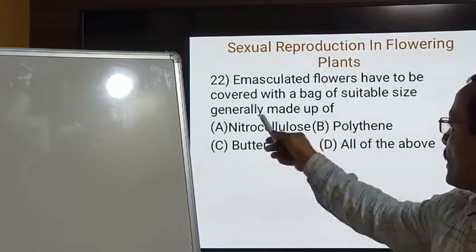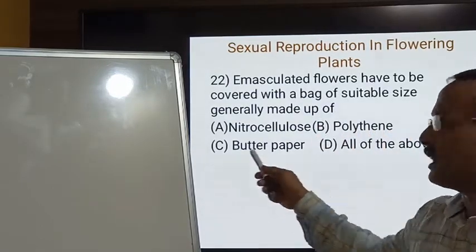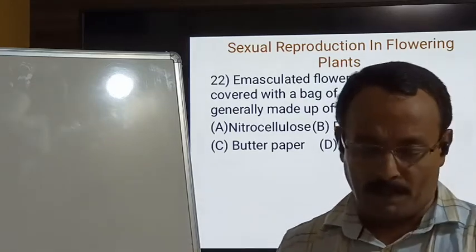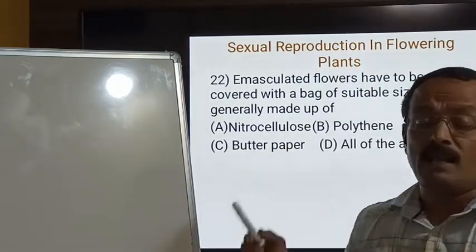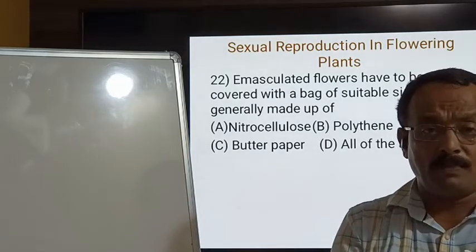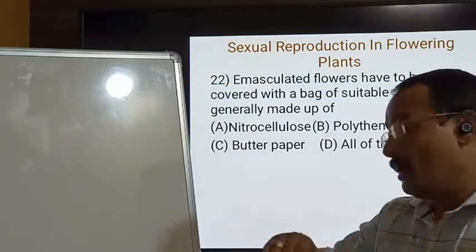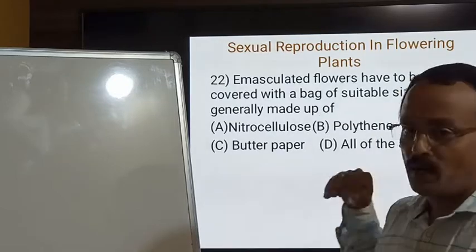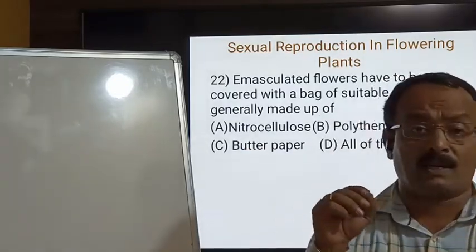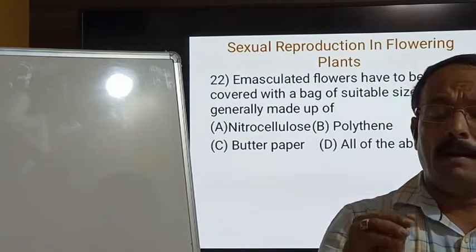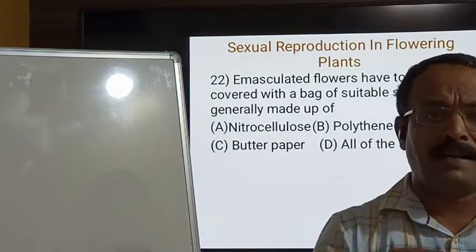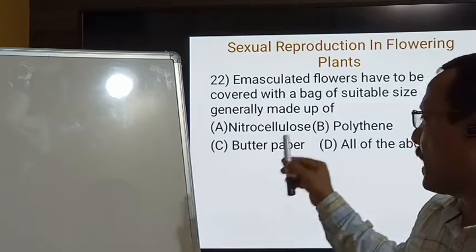The bag of suitable size is generally made up of butter paper. The option is butter paper, rather than polythene and nitrocellulose, because butter paper bags contain minute openings and are partially translucent in nature. So butter paper bags are used.